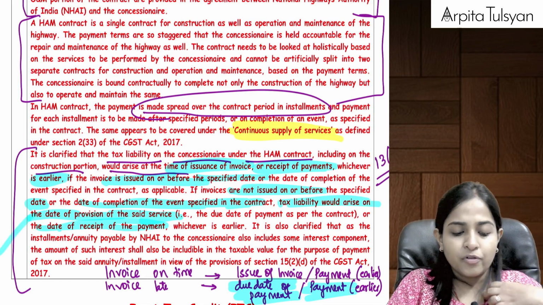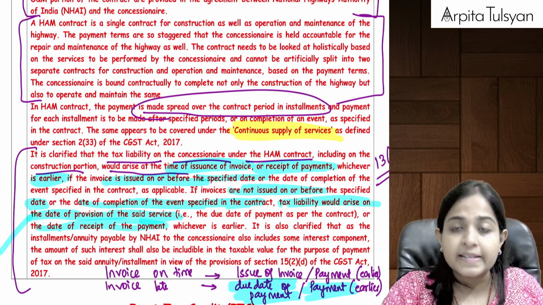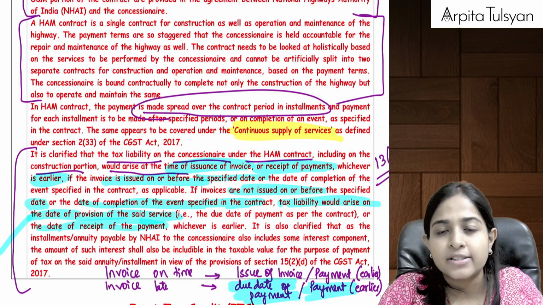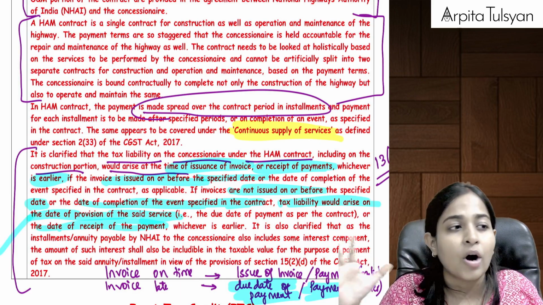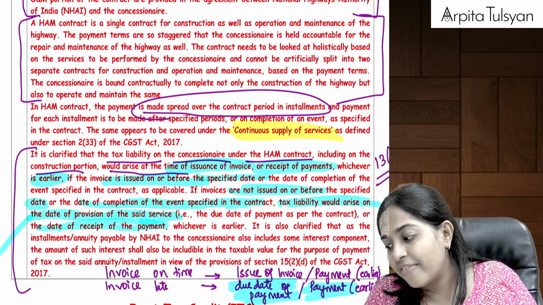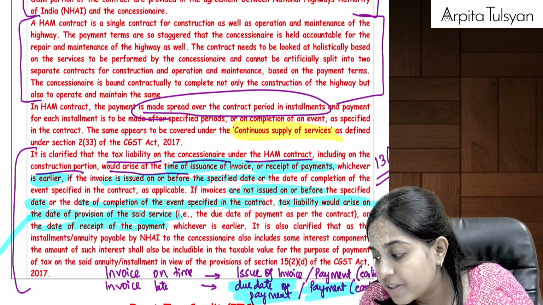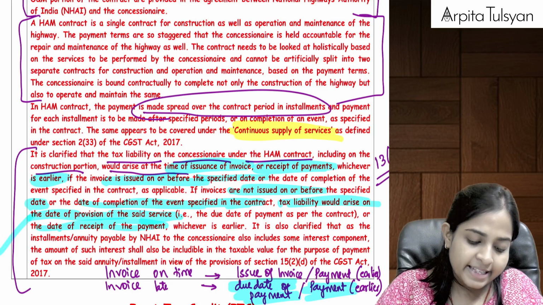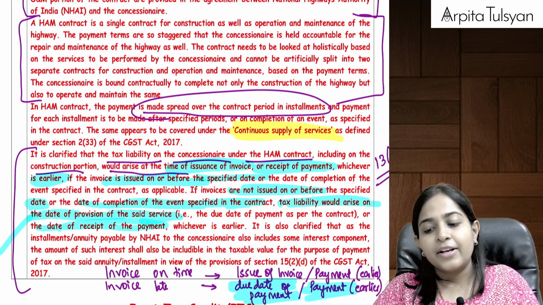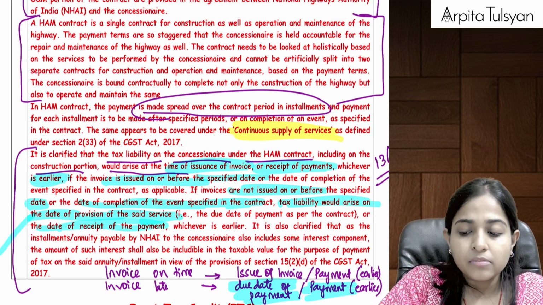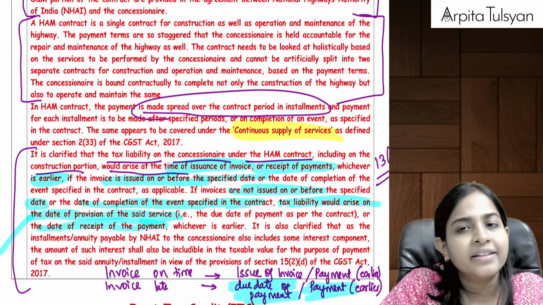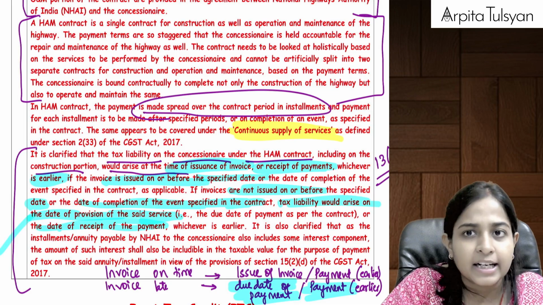Okay, so this is what they are trying to tell us here, that whenever there are road construction contracts, etc., which are spread across many years, how do we determine the time of supply? So it looks like it is continuous supply of service.